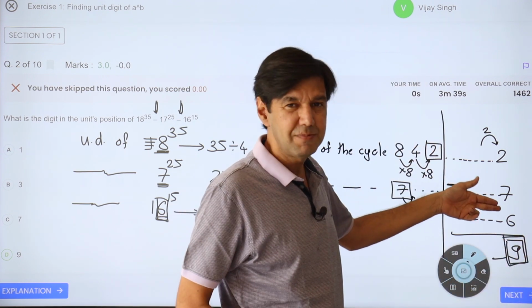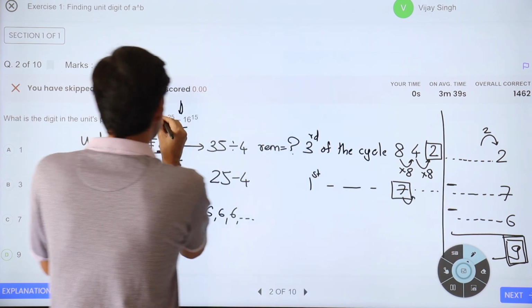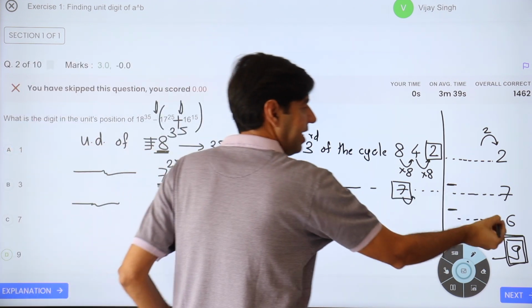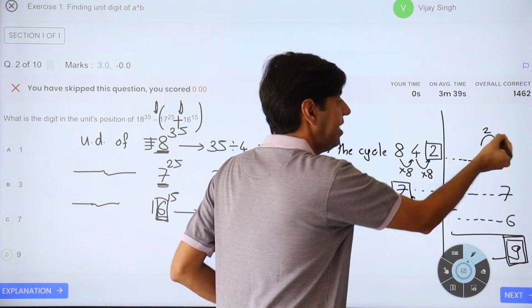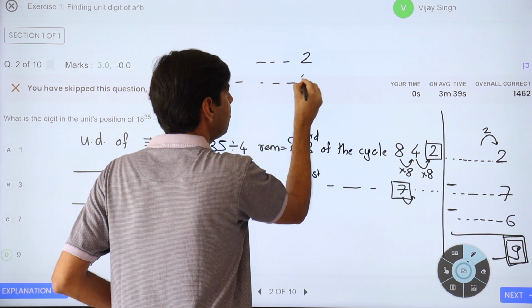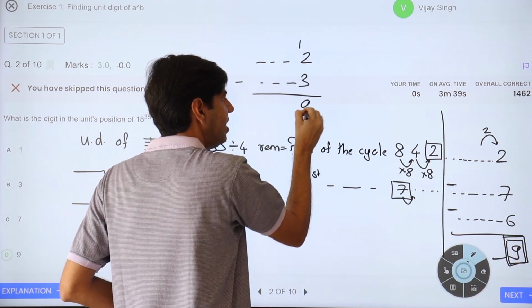You could even club this, do this your own way. These two together, if I take the minus common, this is going to be a sum. This will end up with a 3, 7 plus 6, 13. So a number ending with a 2, subtract a number ending with a 3. So you'll take 1 carry forward and then 12 minus 3 will be a 9.